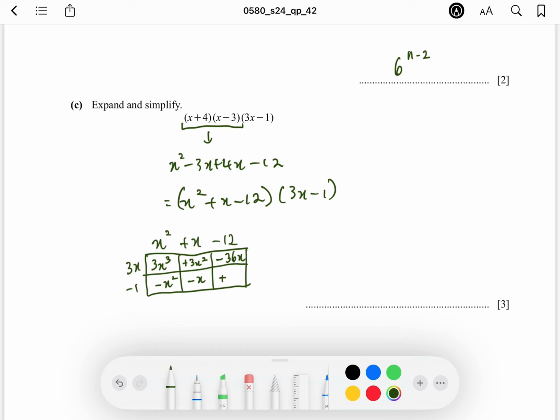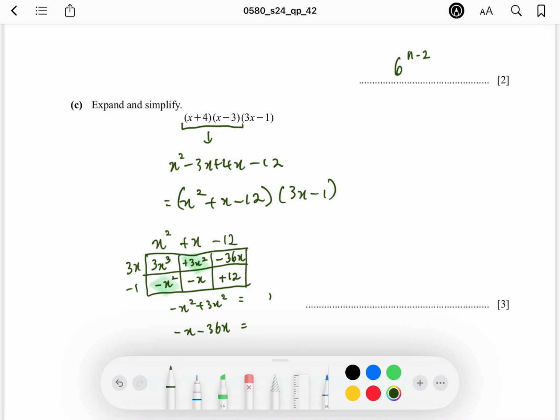Last one positive 12. They are like terms sana. Okay, the x square. So minus x square plus 3x square, that becomes, and then you have the other terms minus x and minus 36x. So these two are the like terms.